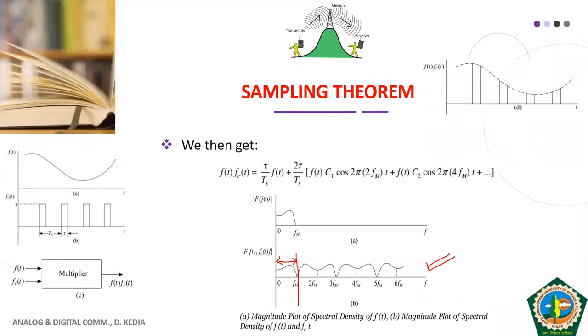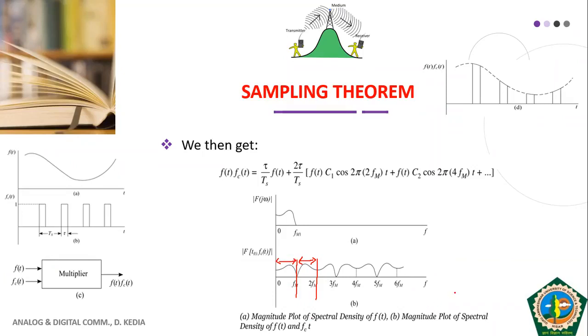So this is how I can prove my sampling theorem, that I can recover my original signal back from this sampled signal. If you again see carefully, this is fm, this is twice fm. So your sampling frequency is twice fm. The gap is exactly fm. fm here, twice fm.